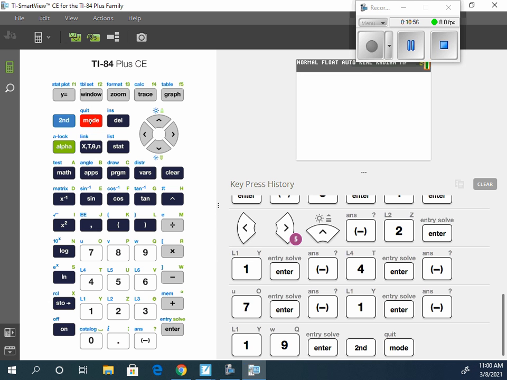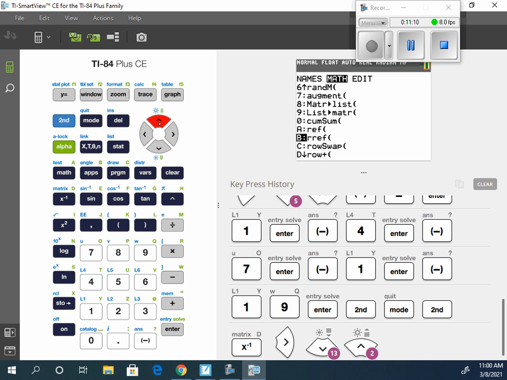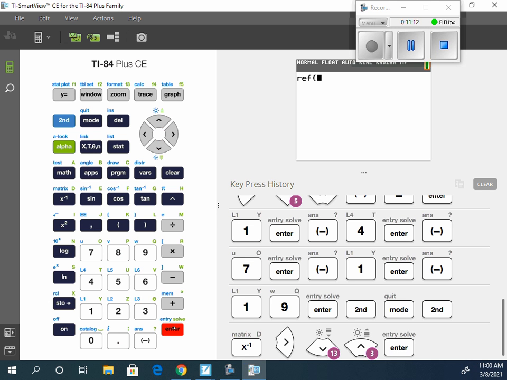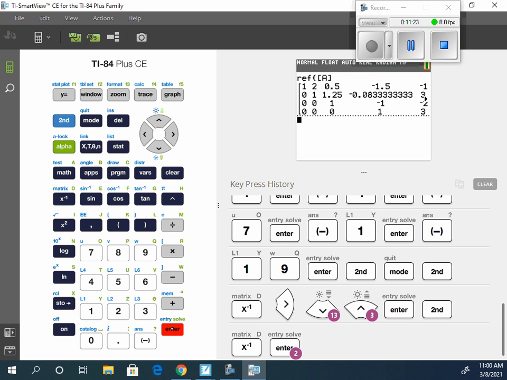From here, we're going to go second matrix. We're going to go over to math. This time we're going to use REF. We're going to use row echelon form. We're going to go second matrix A, enter.